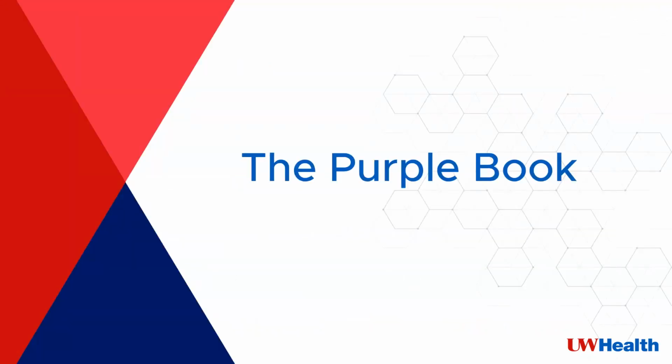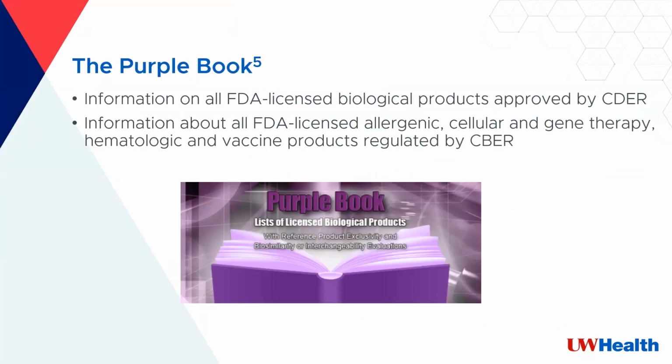All right, so next we're going to take some time to step through what the purple book is and how clinical pharmacists can use it in our practice. The FDA has compiled this virtual database containing all the information you need to know about biologic products approved by the Center for Drug Evaluation and Research, as well as other products approved by the Center for Biologics Evaluation and Research.